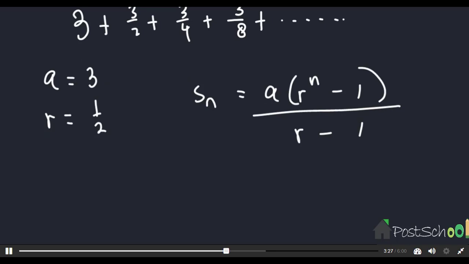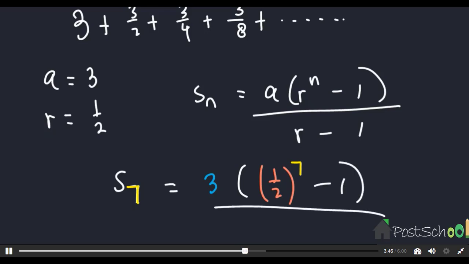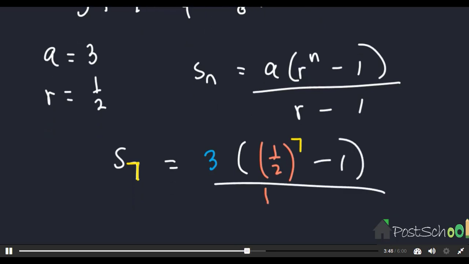Let's say we want to find the sum of the first 7 terms. So S7 is going to be equal to a, which is 3, r, which is half, to the power 7, that's n, minus 1, over half minus 1.